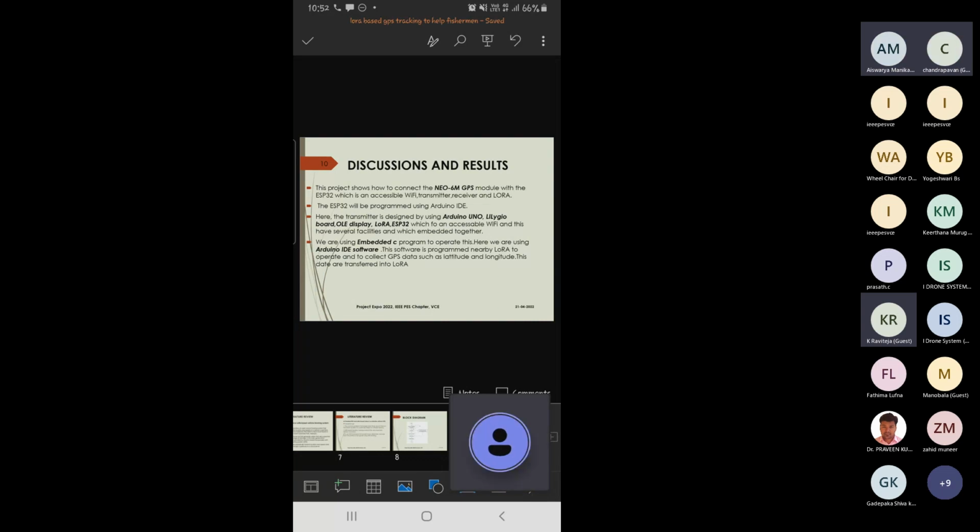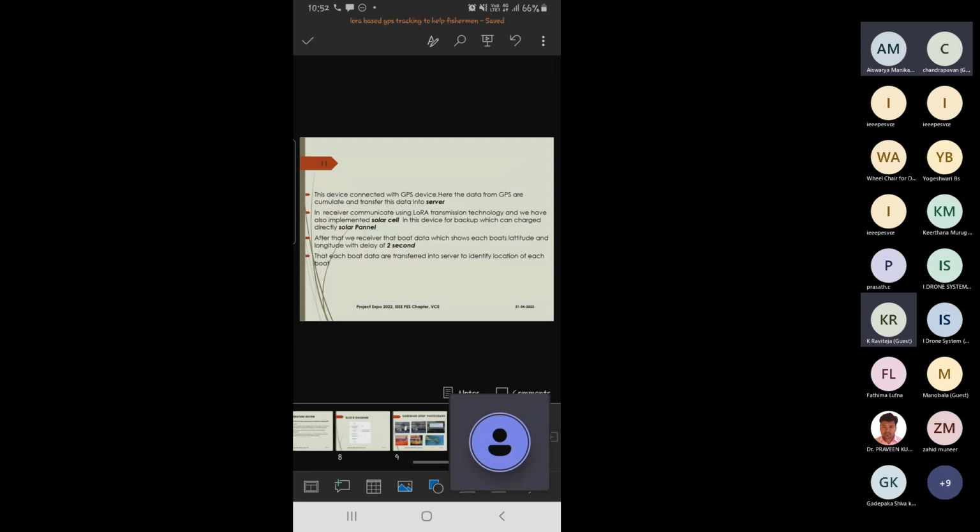The data is then transferred into the LoRa. Now this device is connected with the GPS device. The data from the GPS is accumulated and transferred to the server. In receiver communication we use LoRa transmission technology, and we also implemented a solar cell, as I showed in this setup.